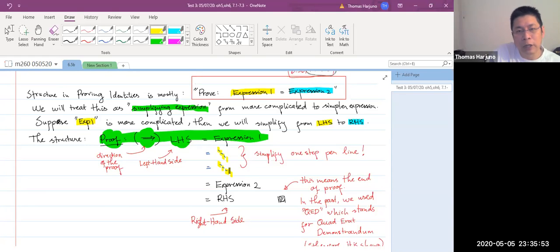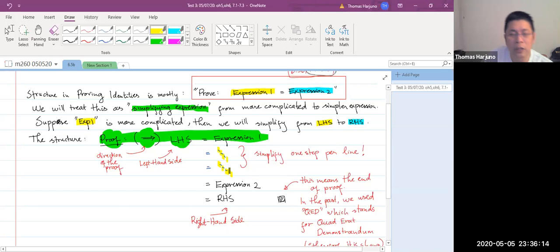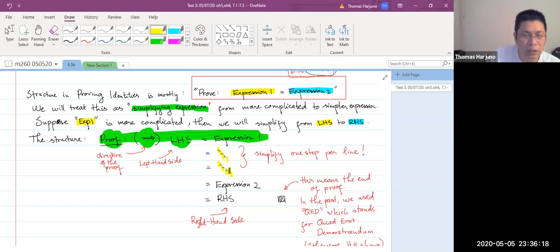But what I found in my teaching career, and also I learned this from my teacher who once said this, is that the reason you cannot write it down is because you cannot even write it down in your mind. If you can't even write it down in your mind, then you won't be able to write it down on paper. That's the way she said it. At first, I didn't really believe it until later on when I started teaching. Then I realized that some students say they did it mentally, but when you ask them to write it down, they can't.